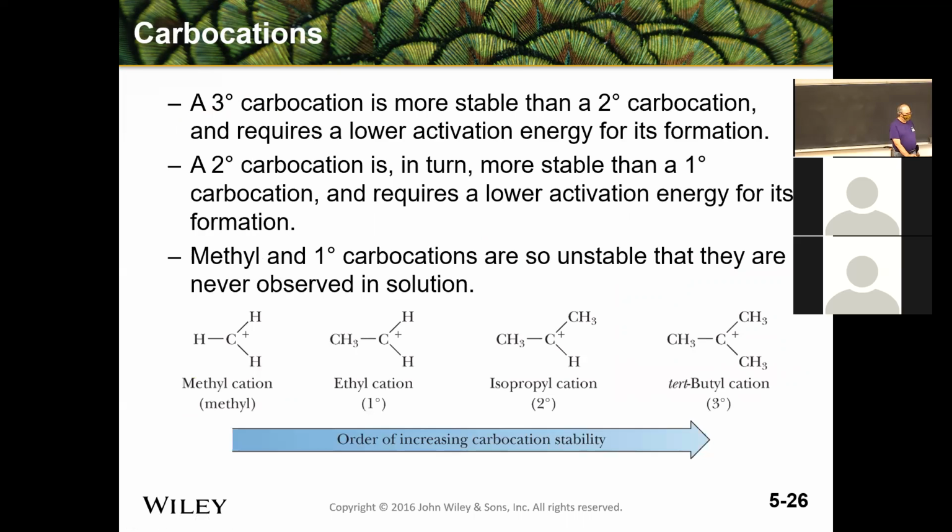And this is the order of stability. The more carbons you have bonded to that carbocation, the more stable it is. Methyl is the least stable, then ethyl, which is an example of a primary, then isopropyl, an example of a secondary, and then tert-butyl, an example of a tertiary.